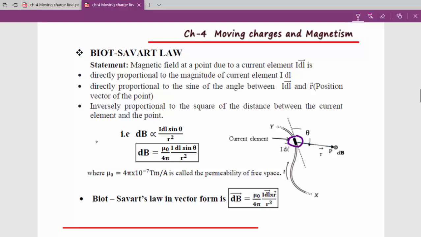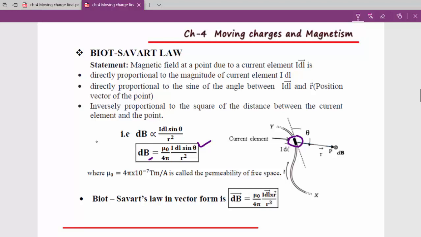The formula for the magnetic field at a point due to this current element is dB equal to mu naught by 4 pi, I dl sin theta by r square. Just remember this formula. Why is it written as dB? Because it is the magnetic field due to a small portion, not the entire portion.